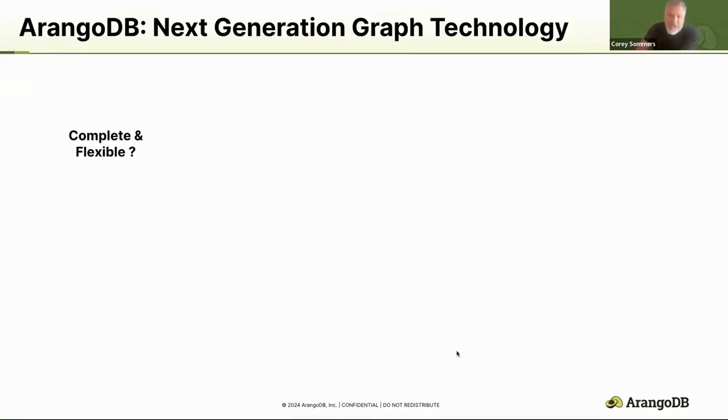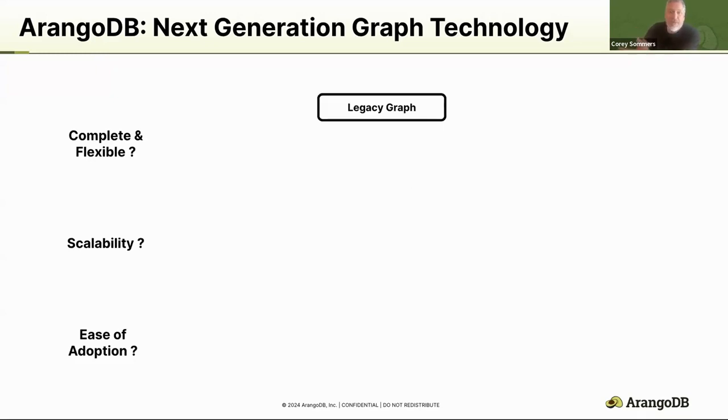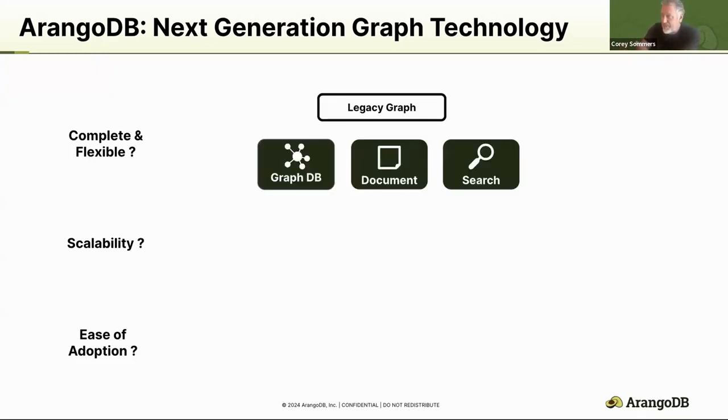Again, the three questions we hear: is it complete and flexible? Is it scalable? And how easy is it to adopt? So when we look at what we call legacy graph, which are solutions that are primarily graph databases, do you need an additional document database to complement that to get a complete solution? Do you need an additional search solution?